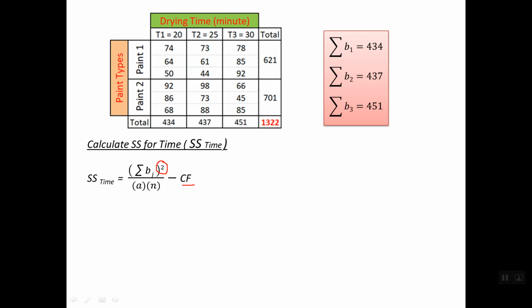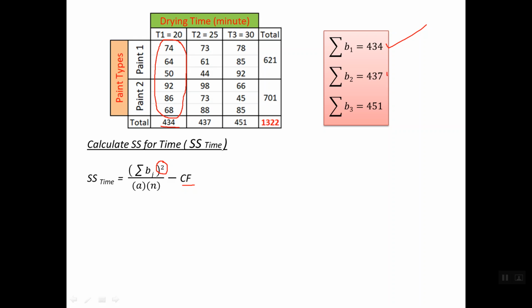Before starting the calculation in the formula, for example, these 6 values in the table represent the summation of the first level of the second factor, which is the summation of B1. So the summation here is 434.